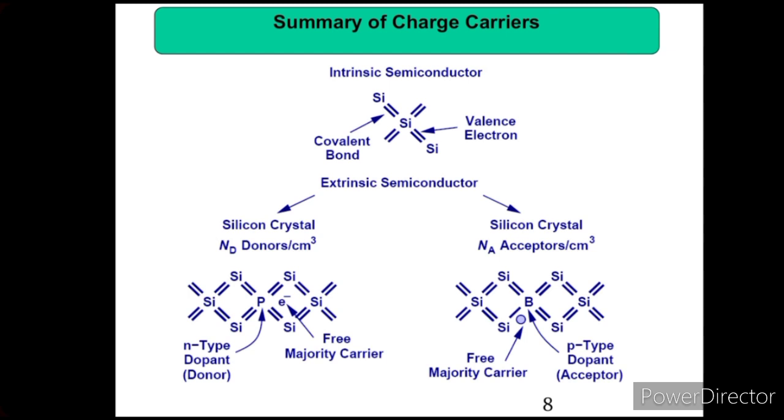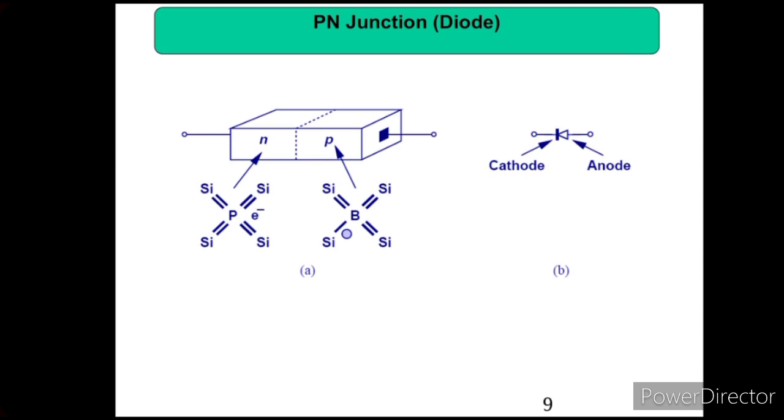These 3 valence electrons create covalent bonds, and 1 electron is free. The electron can break the covalent bond, and 1 hole is created. These holes can change position. That is the P-type dopant.